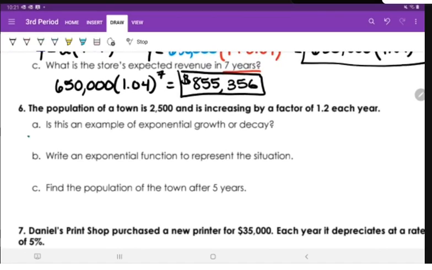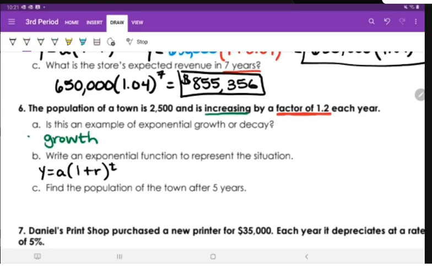We're still dealing with an increasing or a growth model. So you might think, well, let's start with y equals a times 1 plus r to the t. But when we go to look for our rate, we'll notice that there is no rate given to us in the problem. We are given a factor of increase.